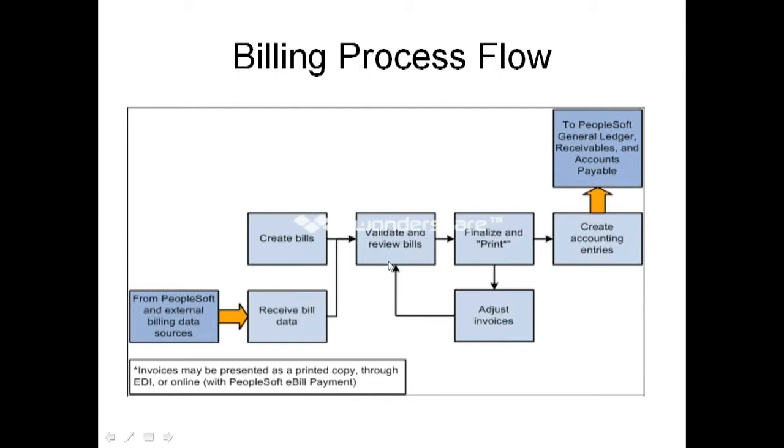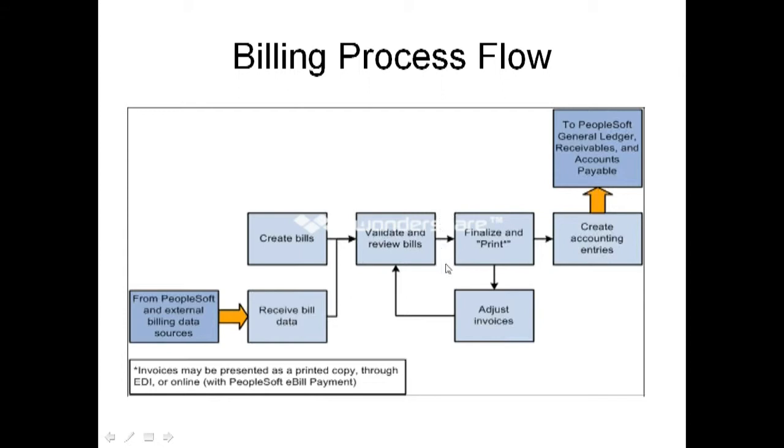It validates the basic data like the business unit and amount, and the bill lines have information like quantity. So it validates all the data that we receive from the external or internal data sources, and there is also another approval piece in between.